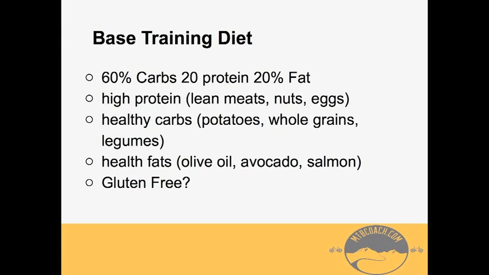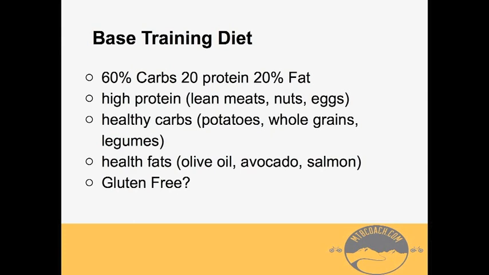Maybe it's 50% carbs, 30% protein and 20% fat. So you have to play with this, but you certainly need protein to build those muscles back up so you're recovering. You need the fat because that's what you're burning, especially in these base workouts, and you need the carbs for energy. But there are some guides on what type of foods you should be eating.